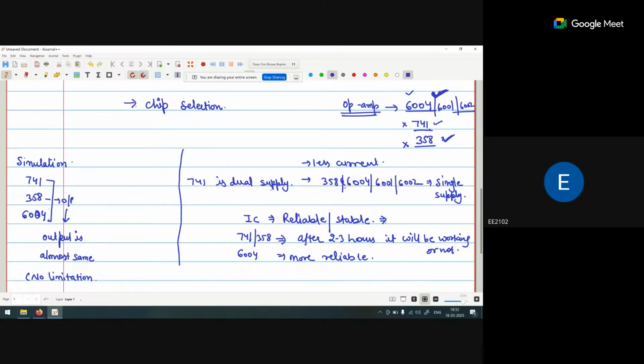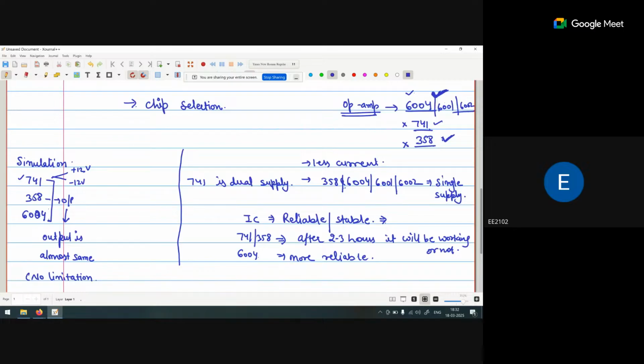If you design with a 741, in the simulation you provide the two voltages plus 12 and minus 12. No issue with that. Since it is a dual supply, we can use multiple operation amplifiers for a complex circuit. No issue with the simulation part.